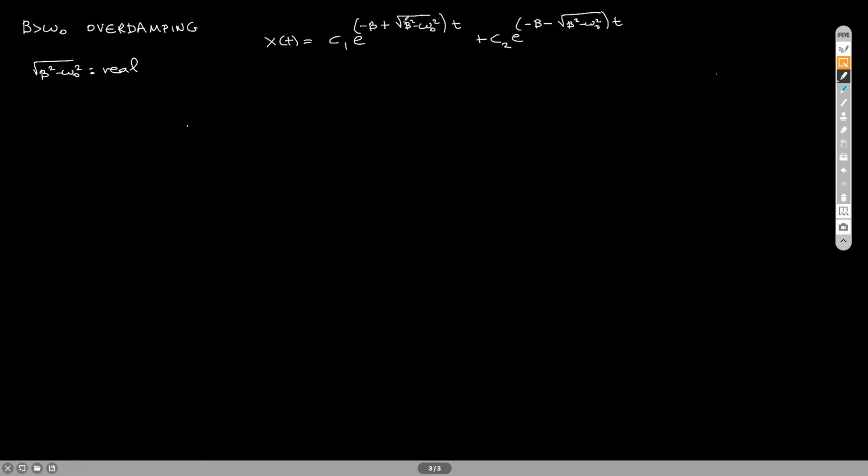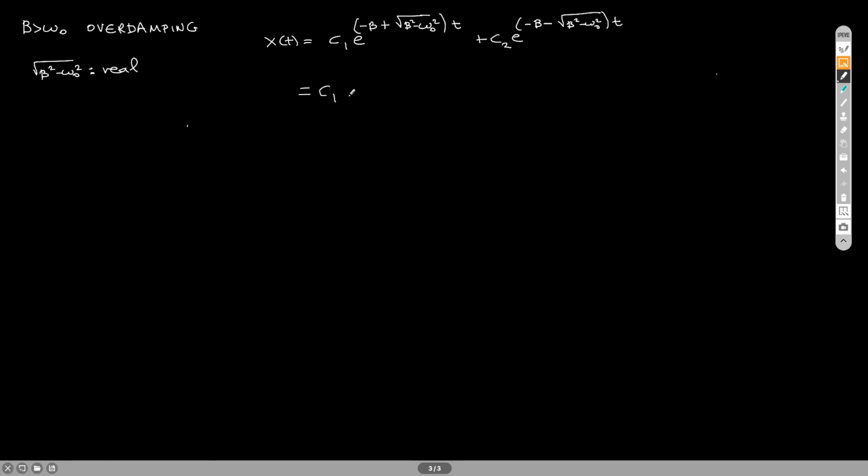Now, this is familiar. This is the general solution to the differential equation that I found before. But now I want to look again at those two terms and see what sense I can make of it. I want to understand what this condition will tell me about the two terms. Now I can write this in a slightly different way.